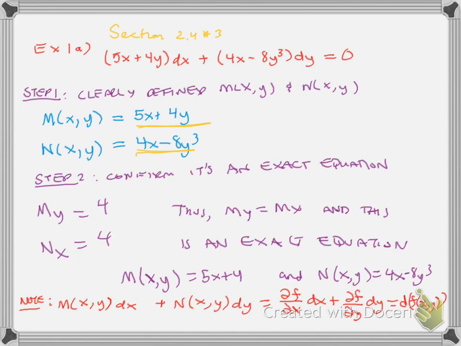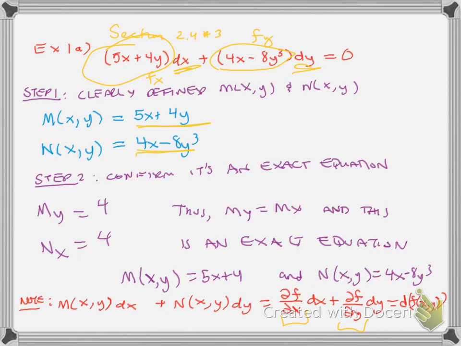Now, here's the thing. If you look, clearly dx and dy are there. So that means that this has to be what? Well, it has to be the partial derivative of f with respect to x. And this has to be the partial derivative of f with respect to y.